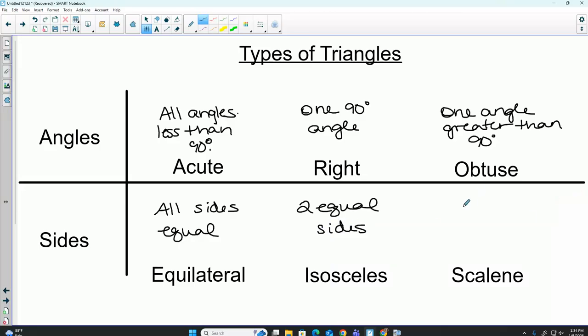And scalene? All different, no equal sides. So we should know those, just so that if I say I have an isosceles triangle, you know that means two of the sides are the same. Or if I say we have a right triangle, we have one 90-degree angle in that triangle.